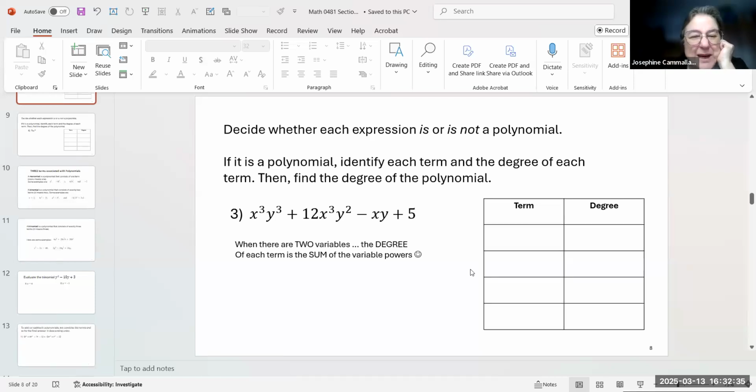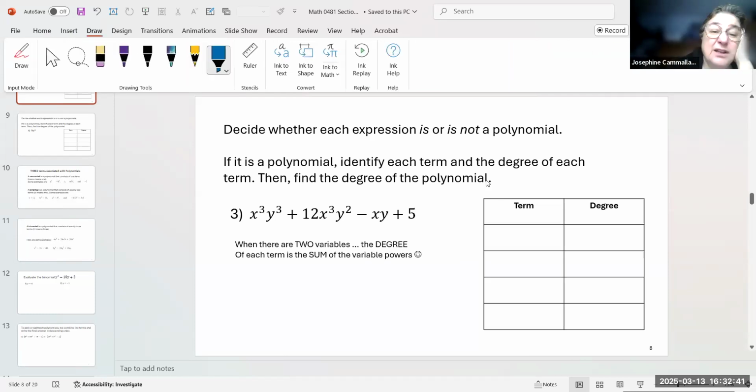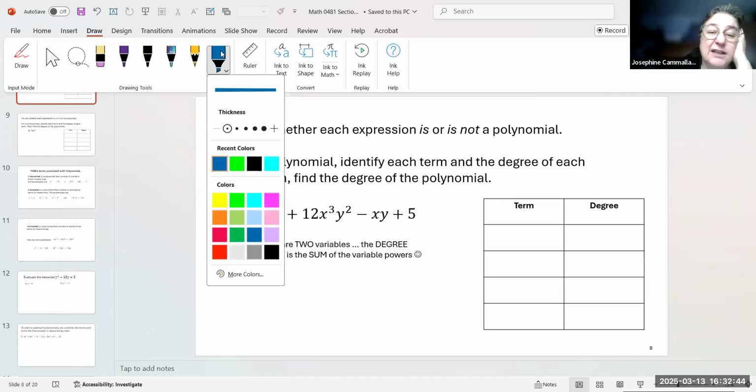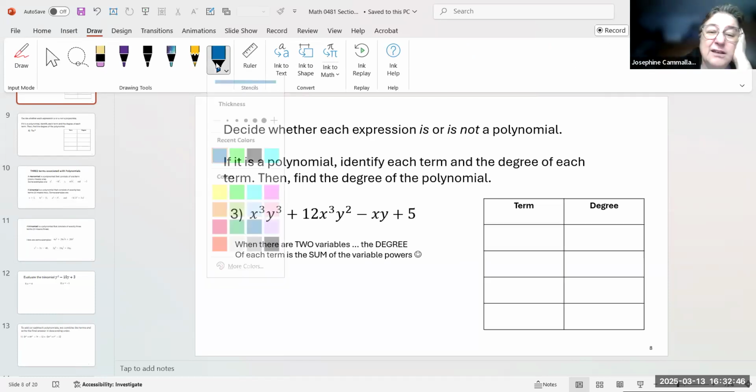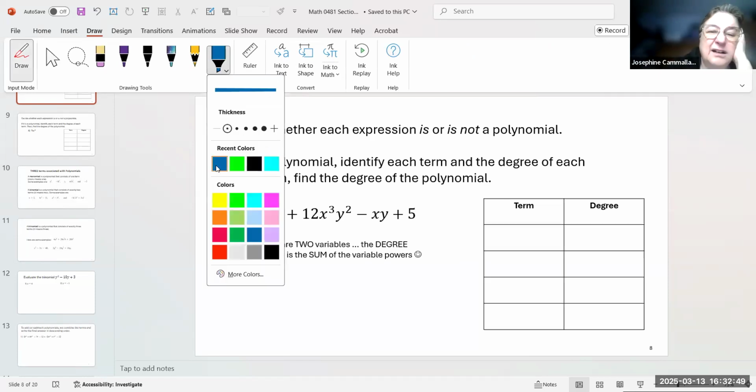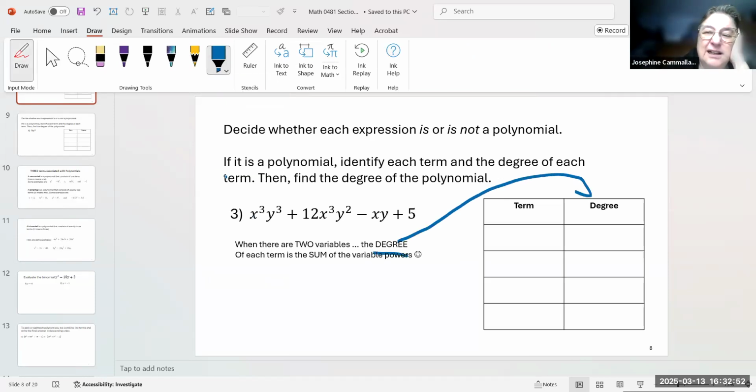I have 2 letters here. To find the degree, notice, to find the degree, in this column, it's going to be the sum of the variable powers, which means my terms are x cubed y cubed, 12x cubed y squared.